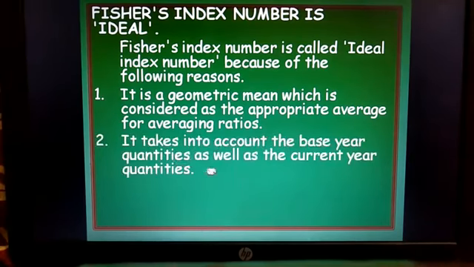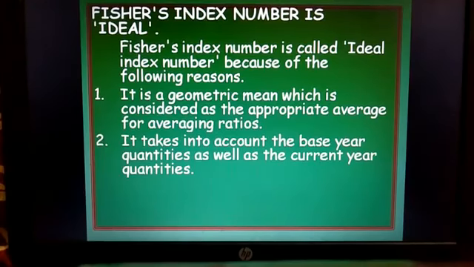Next, it takes into account base year quantities as well as the current year quantities. Whenever you are considering Fisher's price index number, it is taking into account both base year as well as current year quantities. Just one slide before, we had discussed already that Fisher's index number is not having any bias.